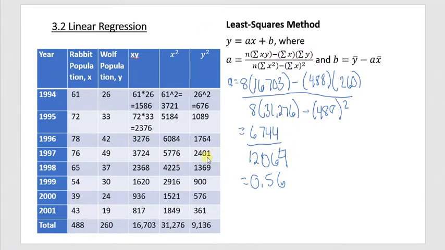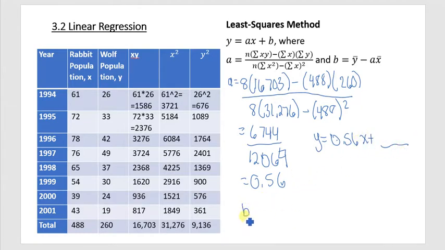It may be rounding errors. So I'm going to continue. So we know we're going to set y equals 0.56x plus, and now let's solve for b.